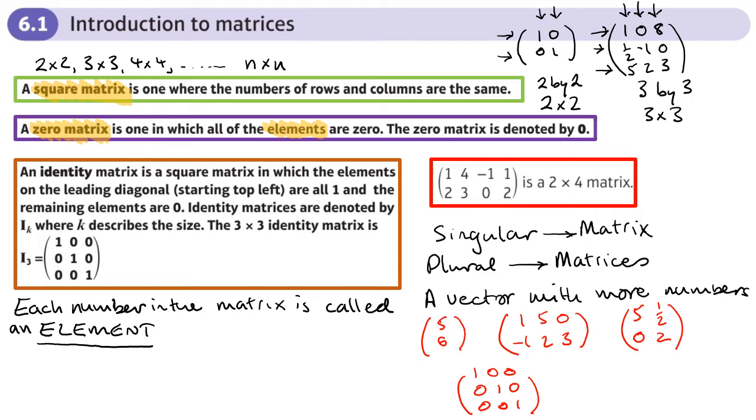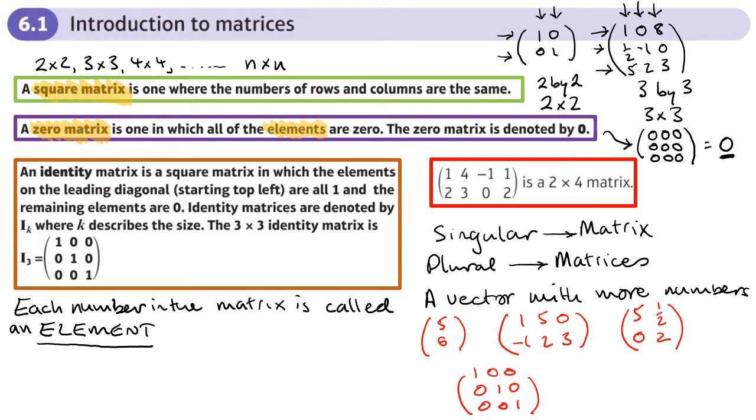Now, rather than having to write out a big matrix full of zeros, for example a 3 by 3 square matrix full of zeros, we can refer to that as a 0 underlined, like vectors. That means it's a matrix full of zeros.